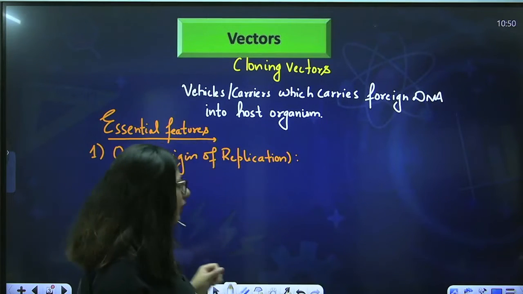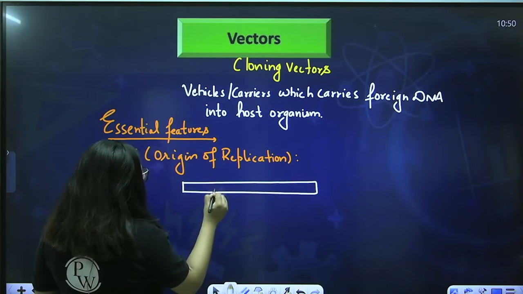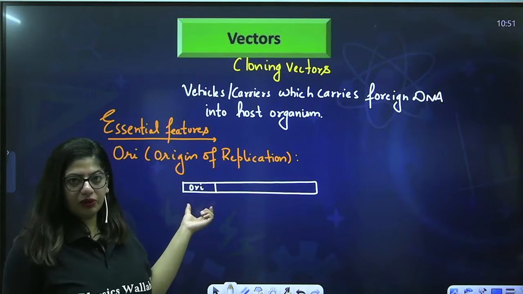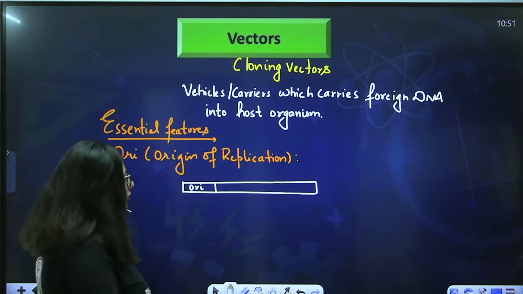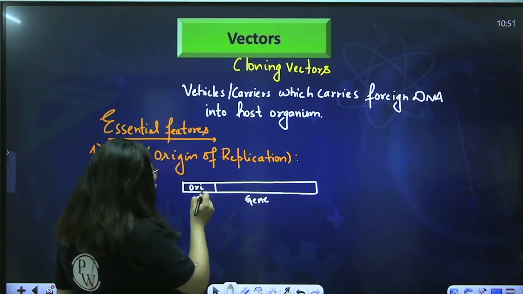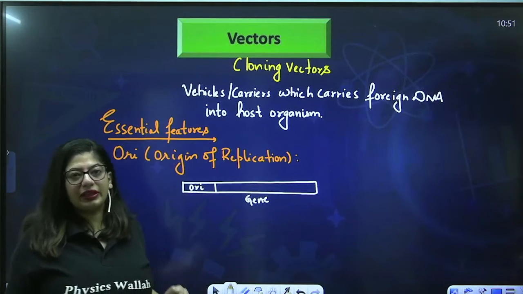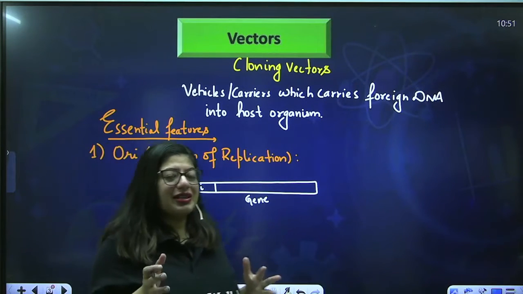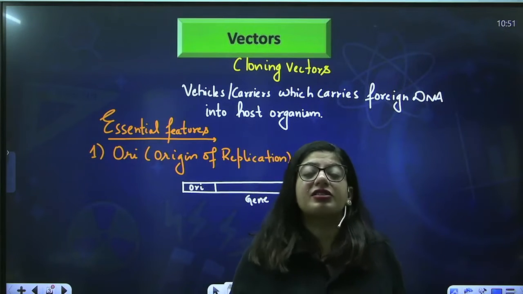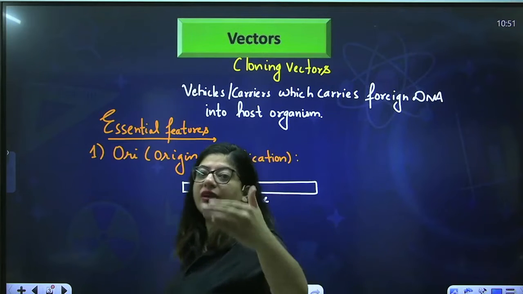For example, if I have this piece of DNA, and in this DNA, this is the origin of replication, these are some sequences of nucleotides, and this is any gene. If this gene needs to replicate, it should definitely start with the origin of replication. In short, these are sequences of DNA from where the replication starts. That's why they are known as origin of replication.